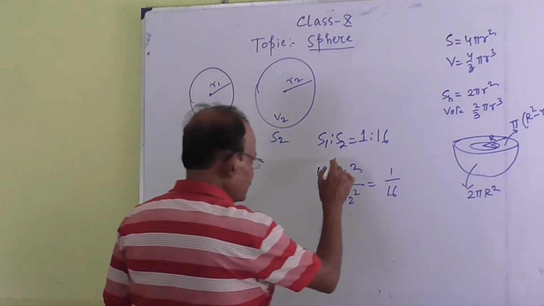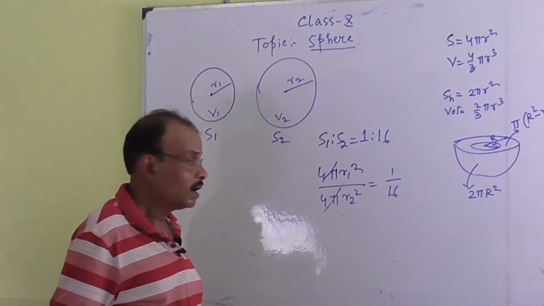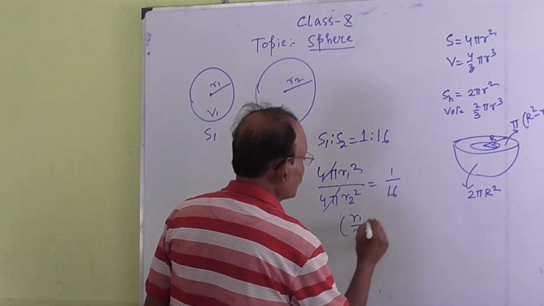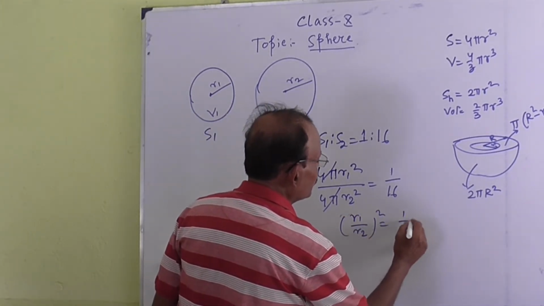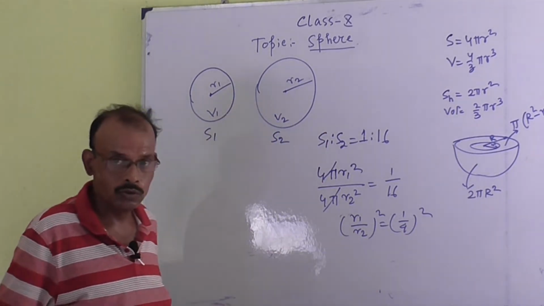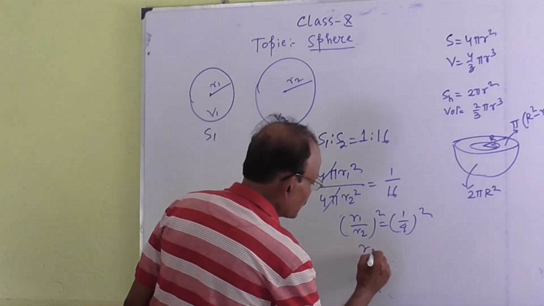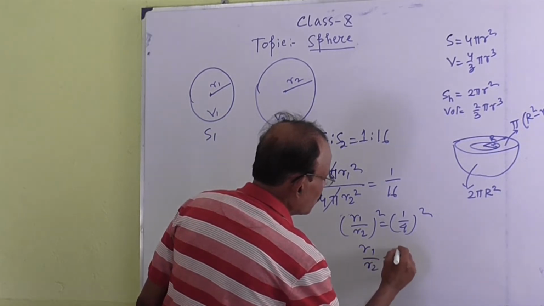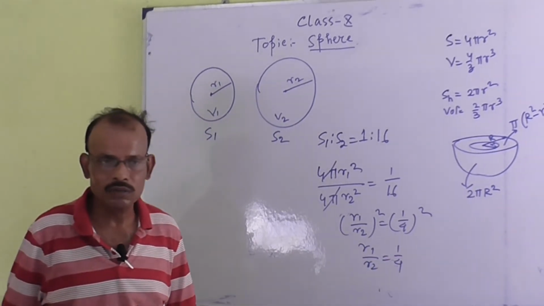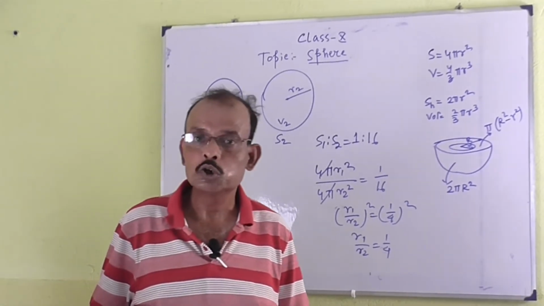Now, if we cancel this, r1 by r2 whole square is 1 by 4. So, r1 by r2 will be 1 by 4. Clear? Now, you have to find out the ratio of the volumes of the two spheres.